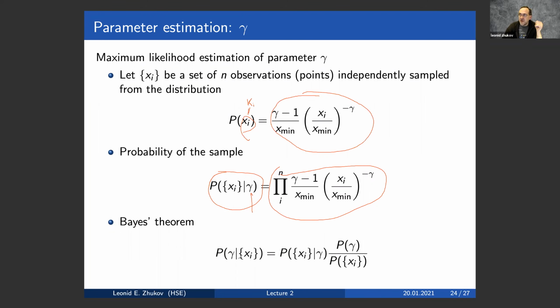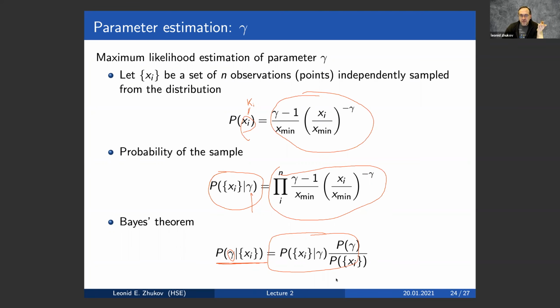Now, remember, my goal is to calculate gamma, the coefficient for the power law. I can write down the probability of the coefficient given those data points. This is how it is connected through Bayes' theorem. What we're actually using is called maximum likelihood estimation for the parameter. If you did some data science courses, that's the way you do it.